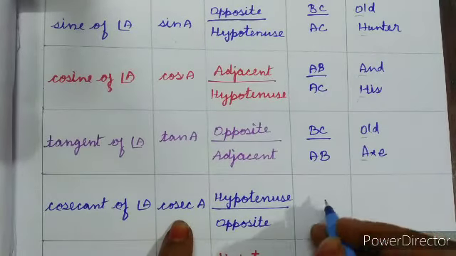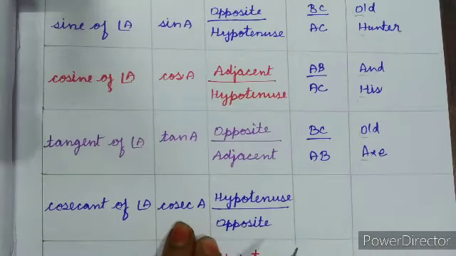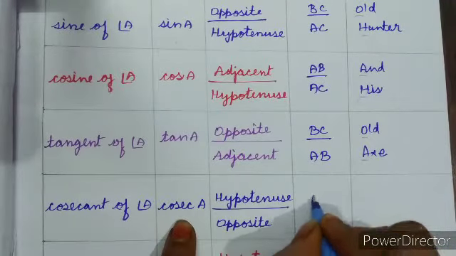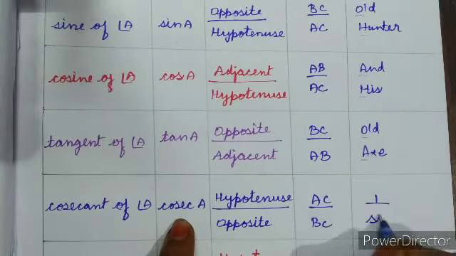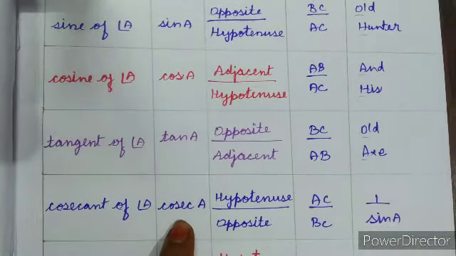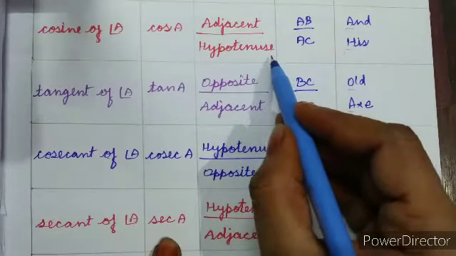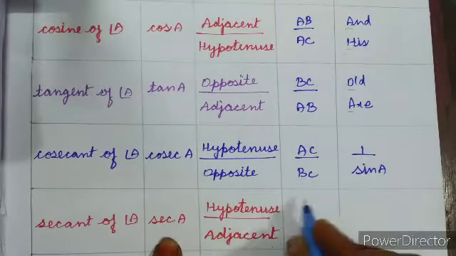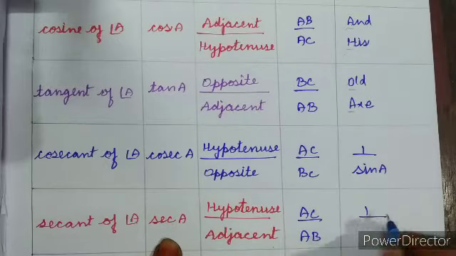That is, cosecant is the reciprocal of sin. Therefore, we can write cosecant as AC by BC. Similarly, cos A is adjacent by hypotenuse, whereas secant A is hypotenuse by adjacent. This is the reciprocal, therefore the value will be AC by AB, since it is the reciprocal of cos.